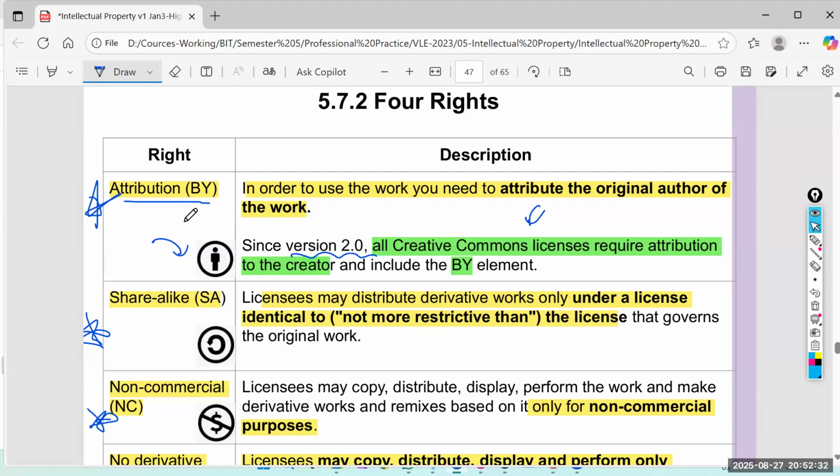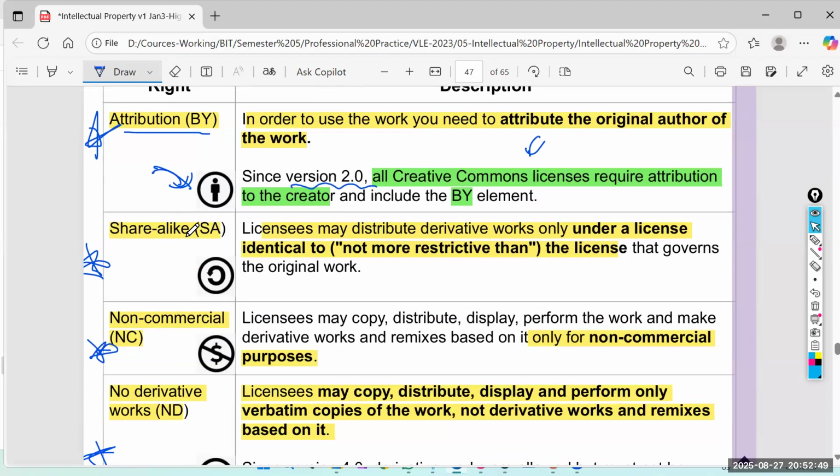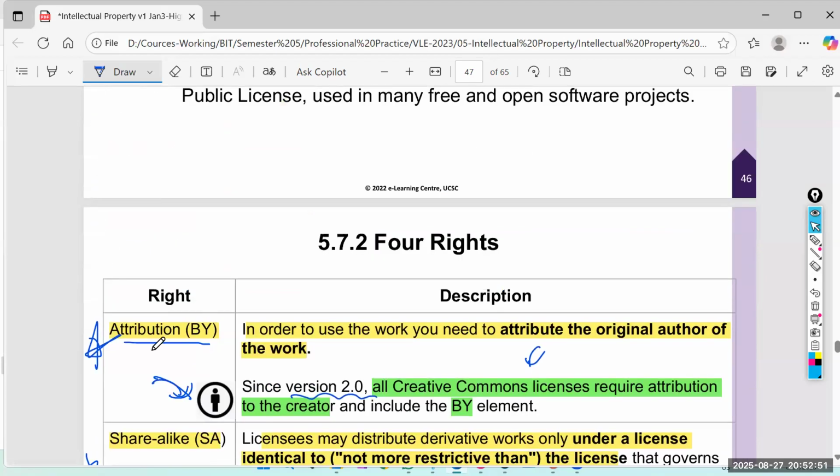If you use Creative Commons, you can't say that no, you don't need to attribute, because it's a required right, a very basic right. Other rights you can say no, I don't need those, but you can't say I don't need attribution.